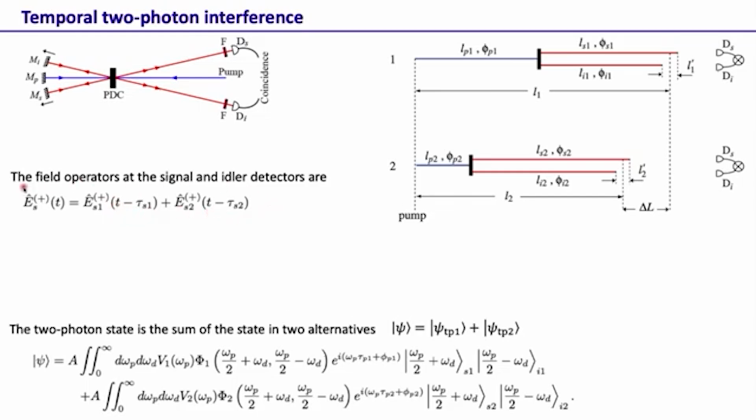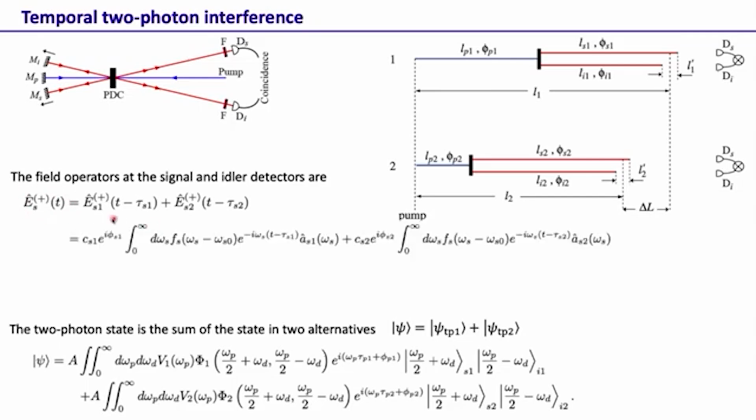This is also very similar to how we added the field when we did the Michelson interferometer, the one-photon interferometer, and the field at the detector was the sum of the fields at two different times in the past. So that's the field operator at the signal.